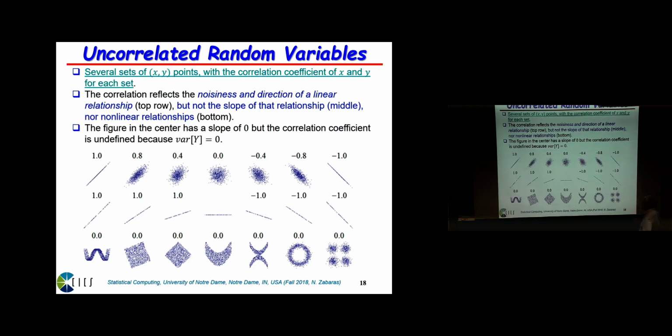But in cases where the relation is nonlinear, the correlation coefficient doesn't do anything for you, which means it's a very bad measure to say something about the dependence between these two variables. What are we going to do in those cases? We will discuss this in the very near future. I will spend another lecture to tell you how we can deal with this.